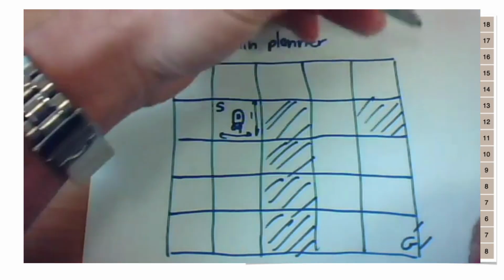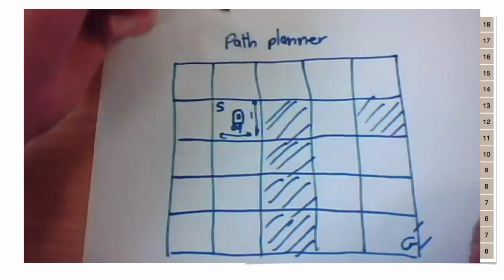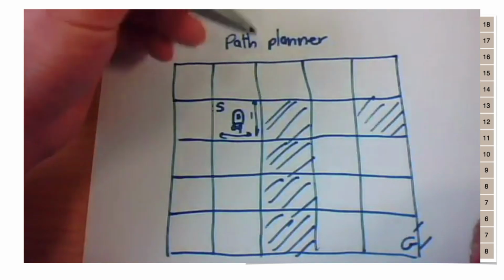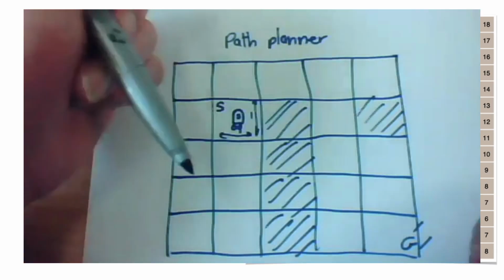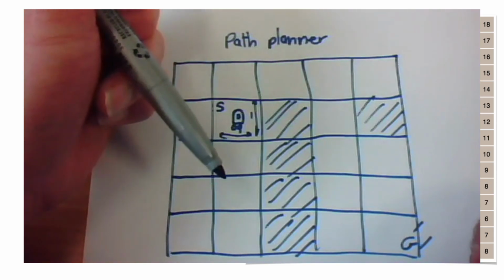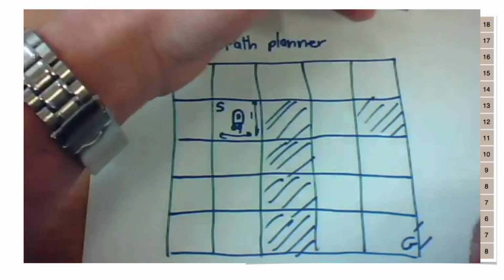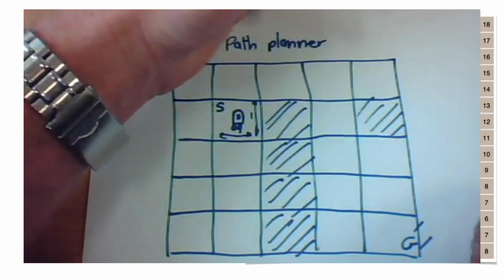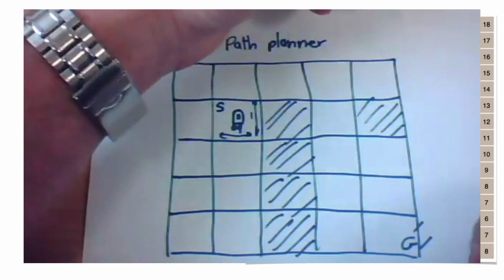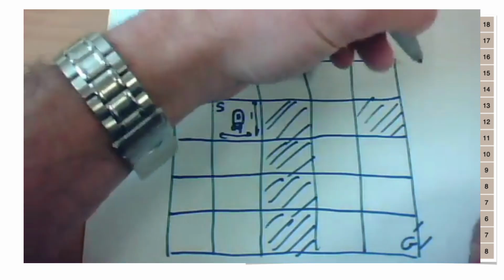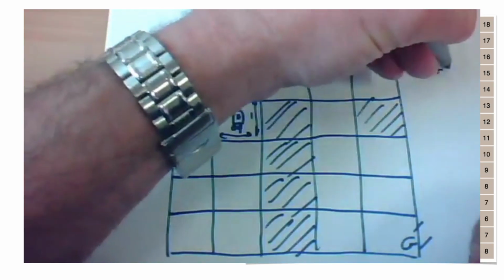Well, if you've put the map into the computer, perhaps as an array of data, each of these squares can hold a number. And we'll use a set of numbers to represent the path that the robot's going to take. So let's say that 1 is our goal position.